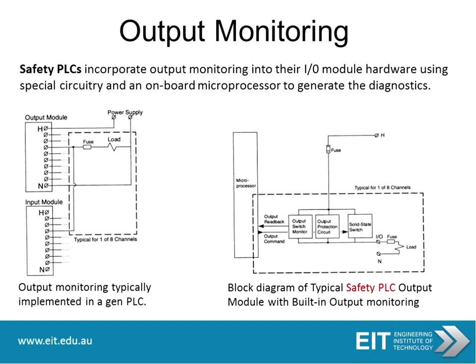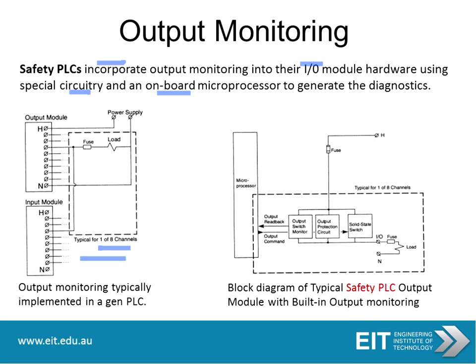Now, here are some examples of output monitoring. Your safety PLC incorporates output monitoring into the input-output module hardware, using special circuitry and an onboard microprocessor to generate the diagnostics. On the left-hand side, again, we've got output monitoring typically implemented in a general PLC. So you can see we have our output module, and then typical for 1 or 8 modules.